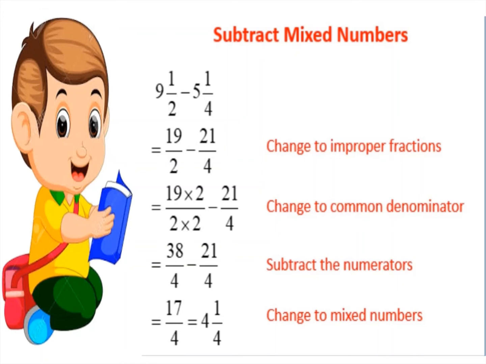We will get 17 upon 4. Then again we have got an improper fraction. We shall turn it into a mixed fraction. That will give us the answer 4 and 1 upon 4. Yes, this is absolutely right.